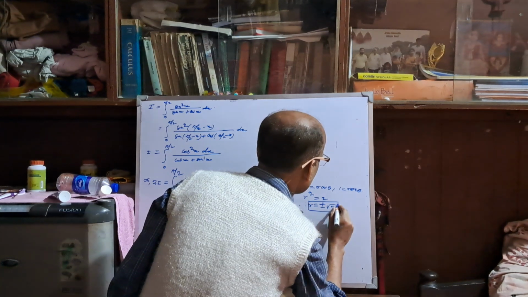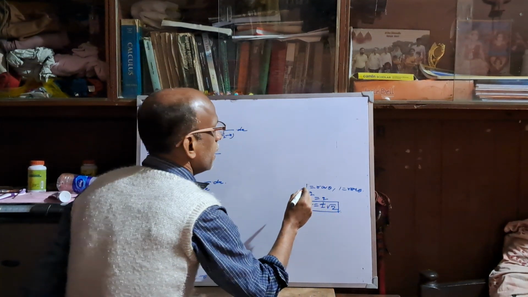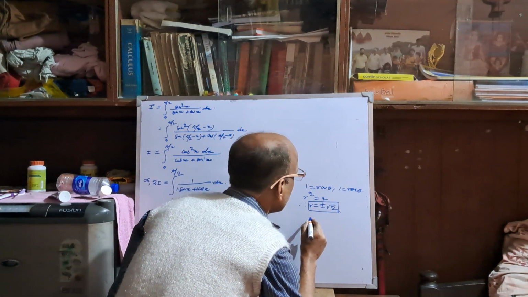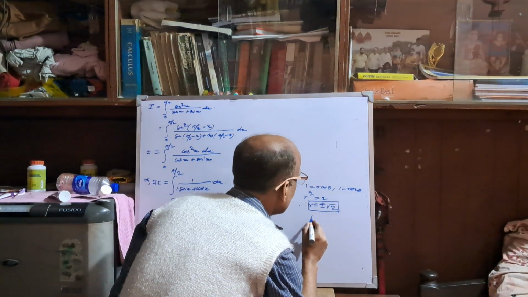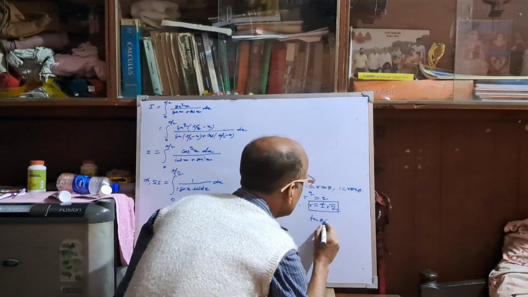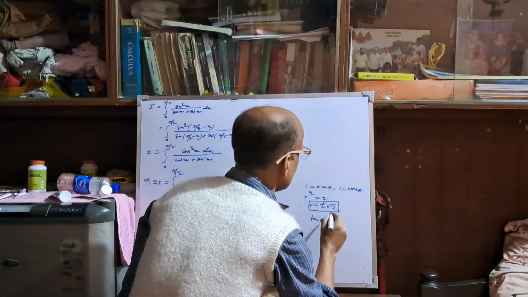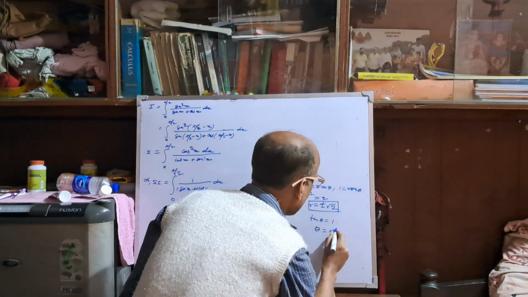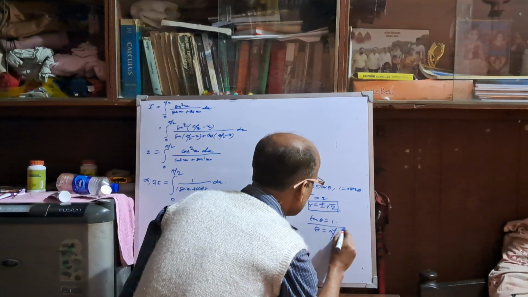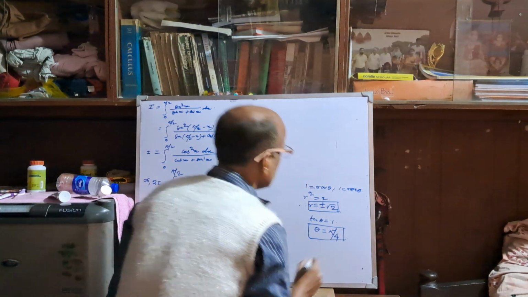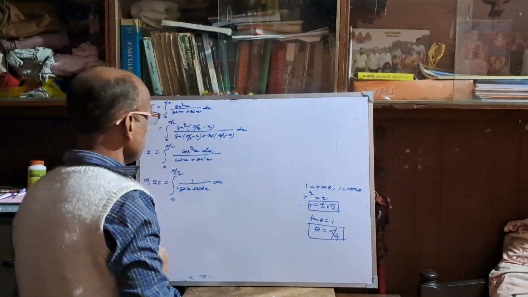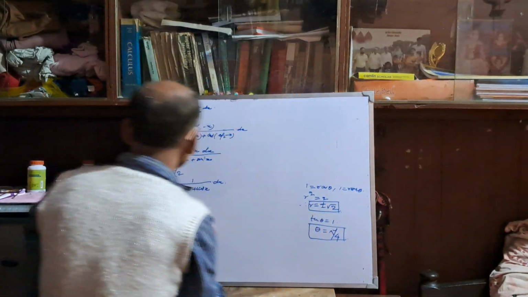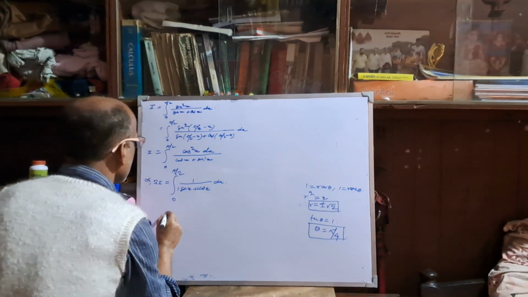And r sin theta, equation second divided by equation first, we have tan theta is equal to 1. Therefore theta is equal to pi by 4. So I got these two values.